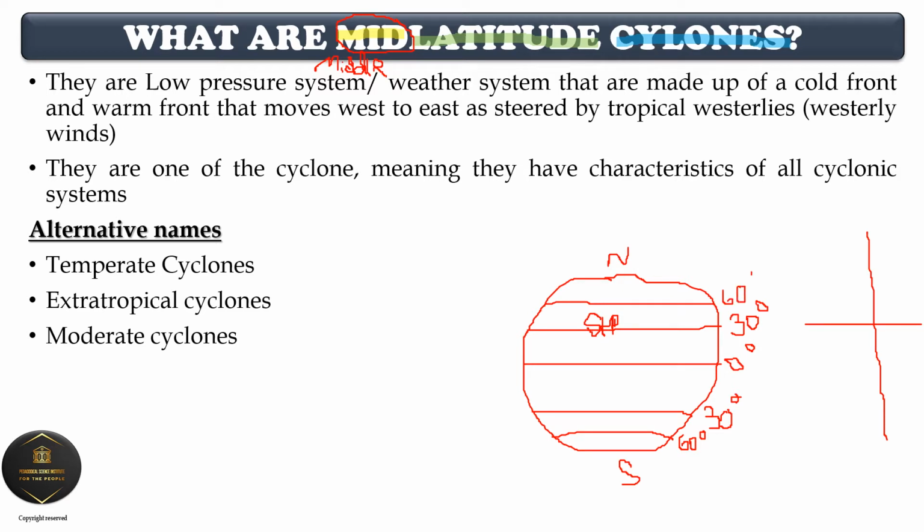Now, the 60-degree low, or rather the subpolar low pressure belt, is followed by the polar high pressure belt. My writing is way better than it should be, but I hope we get the point.